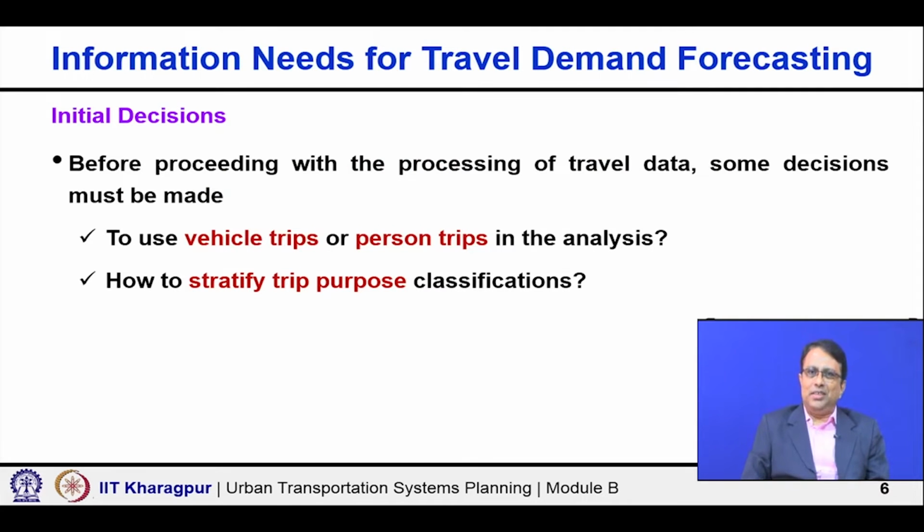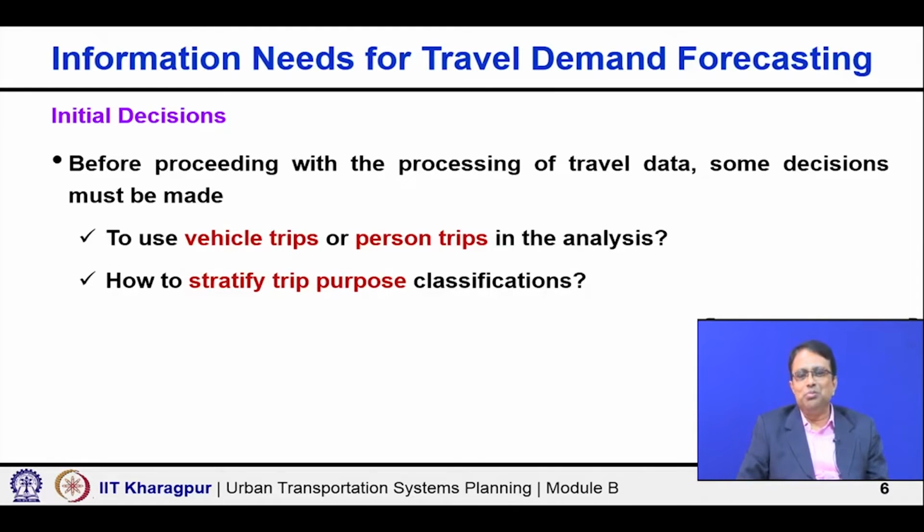Some of the initial decisions are very important, and I am mentioning them here just to avoid any kind of confusion. Some of the points are very important, that is why I bring them here. Say, the decision related to whether to use vehicle trips or person trips for the analysis.